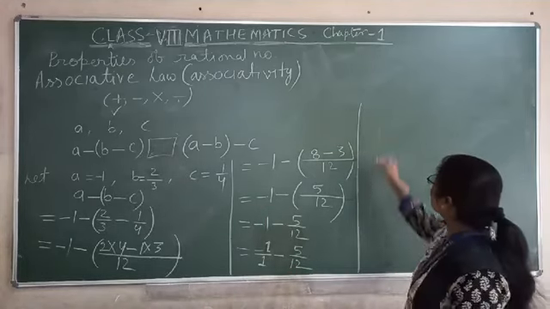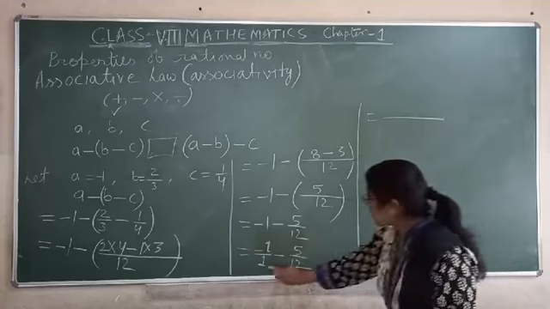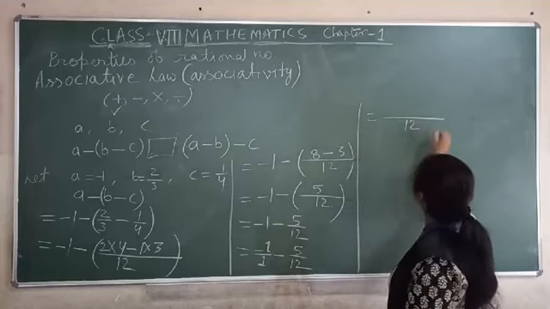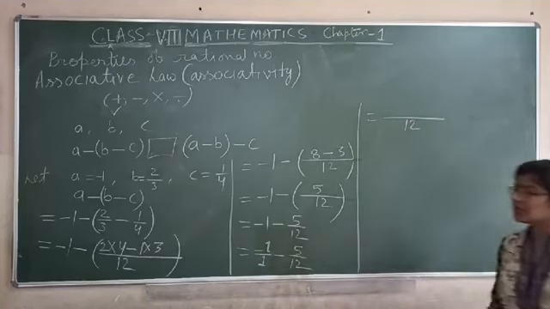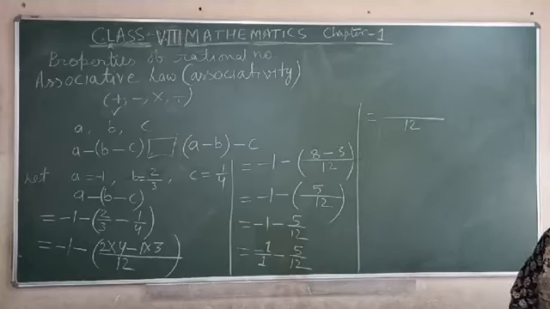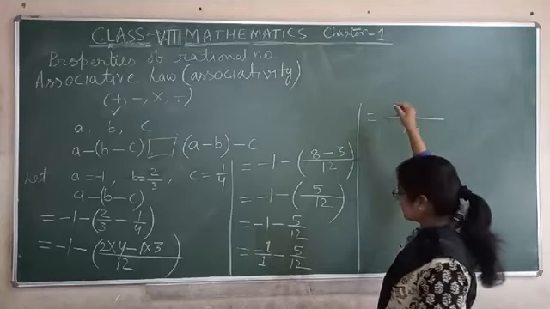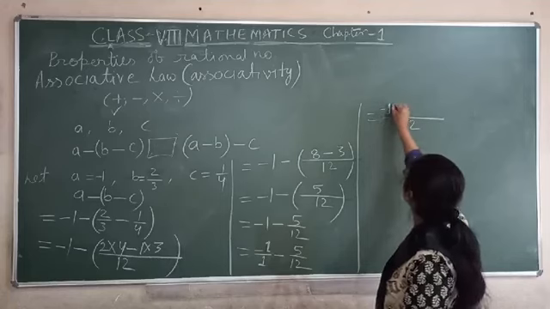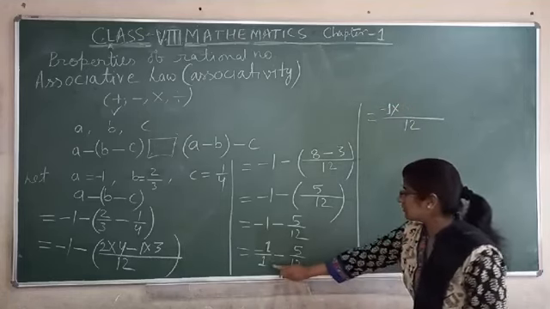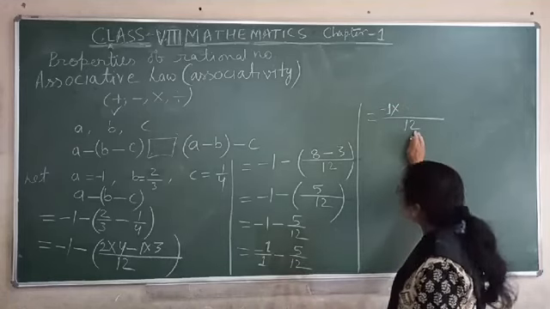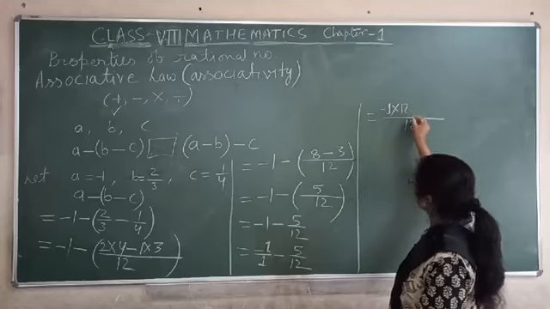So look, 1 and 12, so the LCM will be 12. In case of 1 and any other number, the greater number will be the LCM. Minus 1 into 12 divided by 1, you get 12.